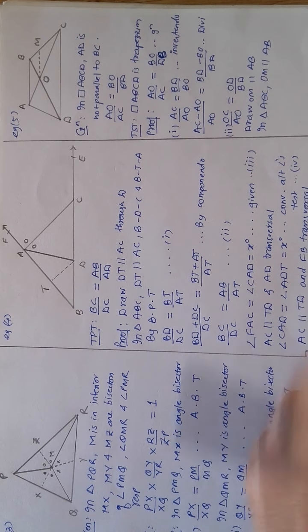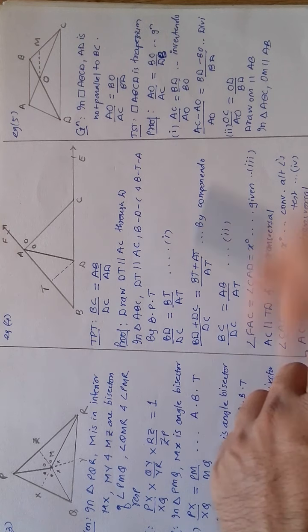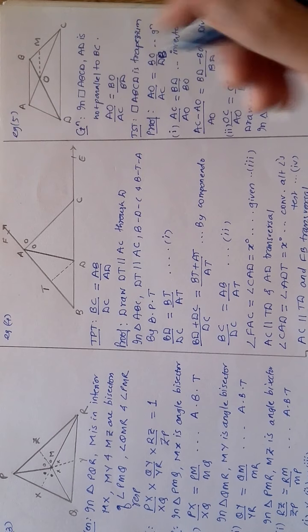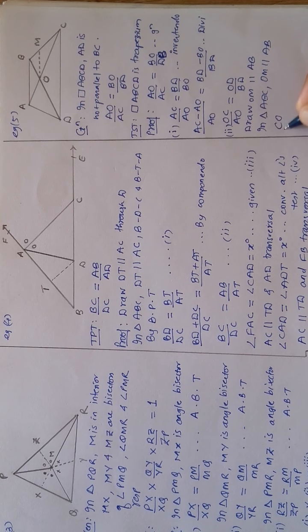So here the ratio is not given like this, I have this second one, no? So better I will take the ratio from here, that is, inverted, the way it is given. So CO is to OA, started from C, is equal to CM is to MB.